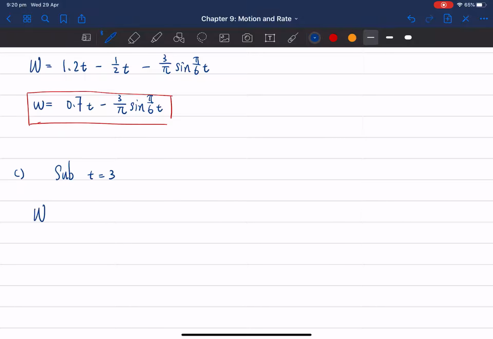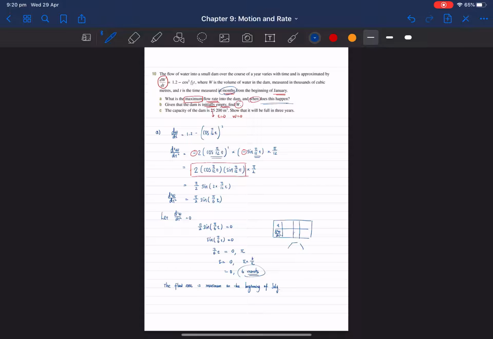So w is equal to 0.7 times 3 minus 3 over pi sine pi on 2, so that becomes 2.1. But before I substitute 3, let's see what t is in terms of. Oh, t is in terms of months.